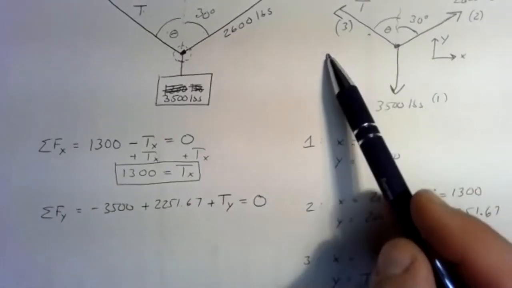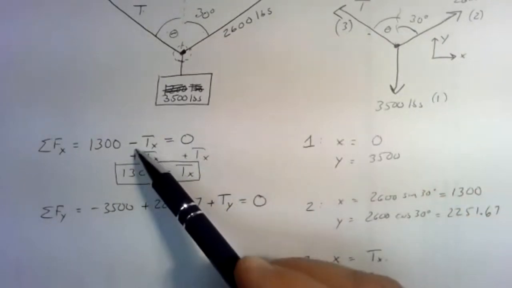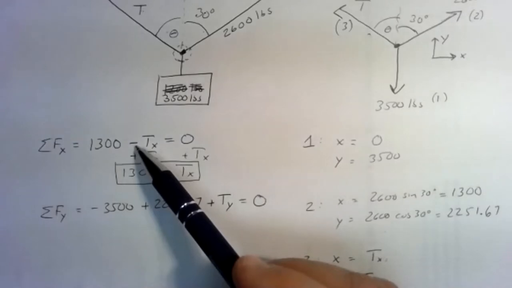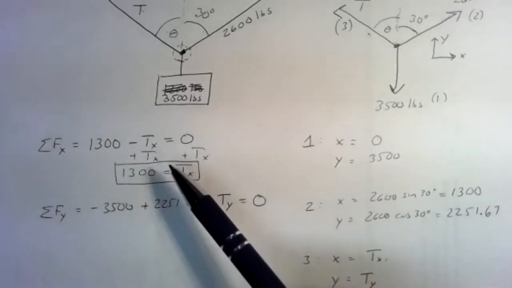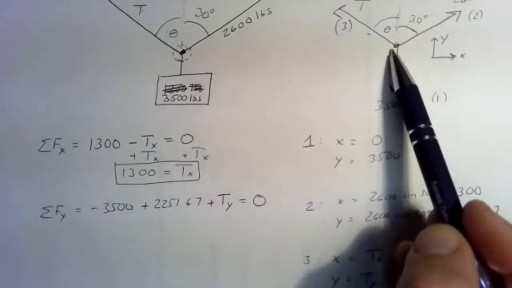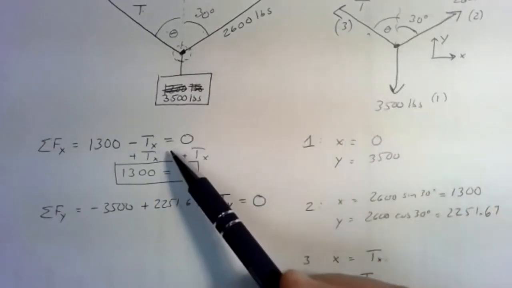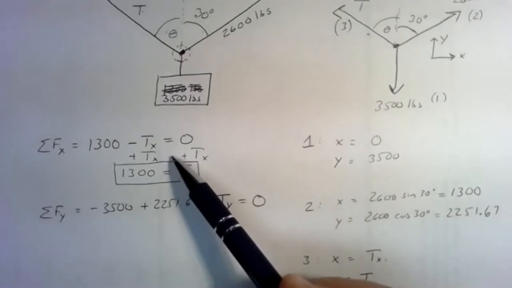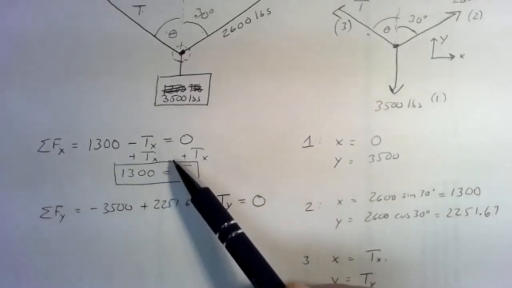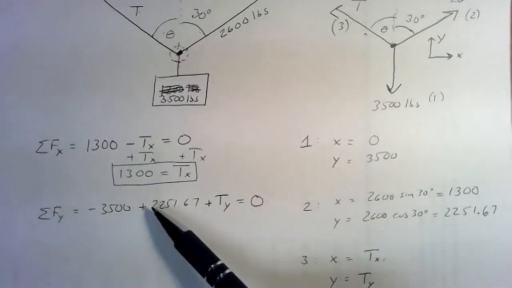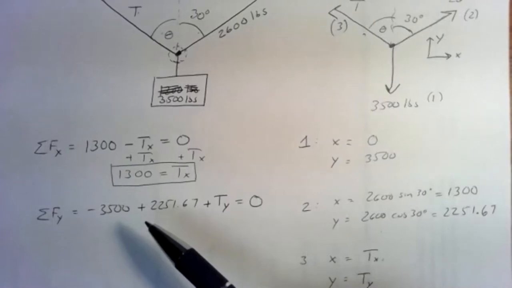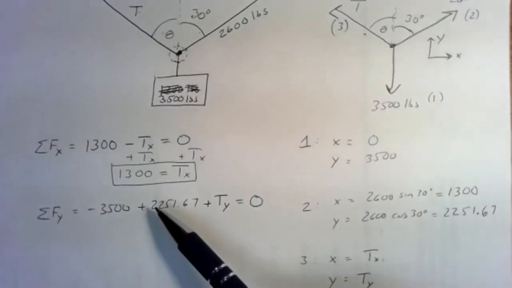We assumed it was to the left, and we used the fact that it was to the left when we wrote this minus here. If your assumptions are correct when you set up a problem in your free body diagram and you use those assumptions in your equations, your answers will come out positive. So positive answers mean that you got all your directions correct.